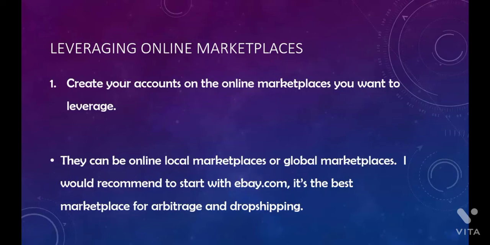Not to mention the fact that you can actually access a very big database of consumers that they have in the United States, which is one of the countries where people spend the most in the world, okay? That's why it's a big advantage to start with eBay, because you have a huge marketplace with a very big database of consumers, and with practically very good buying habits and a big buying power too, okay?